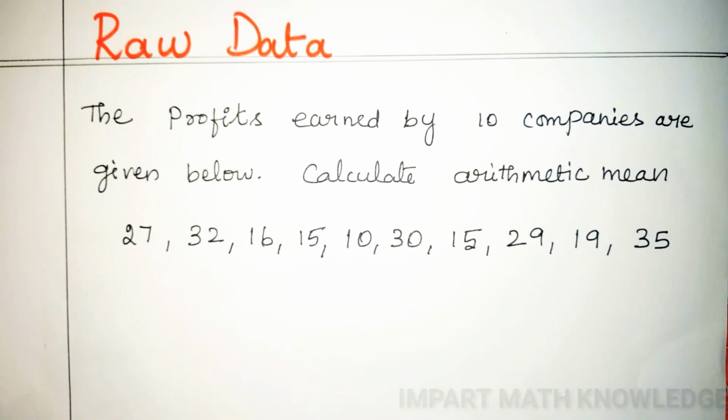The question is, the profits earned by 10 companies are given below. Calculate the arithmetic mean. Here the given data is individual observations, so the formula is x bar is equal to sigma x divided by n.